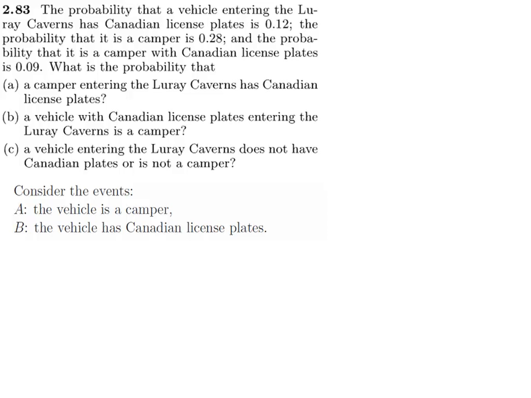You know it has Canadian license plates, so you want to find the probability that a camper entering the lower cabin has Canadian license plates. It's the intersection of the event.